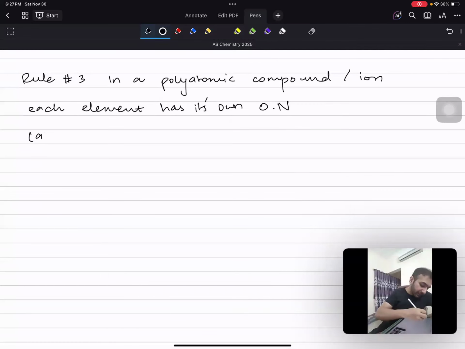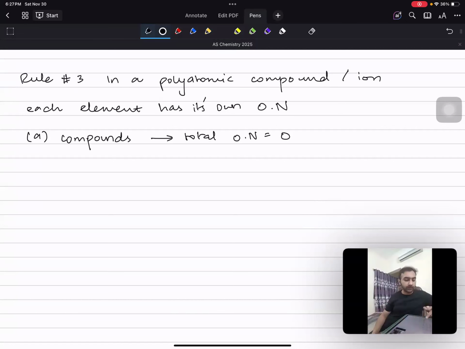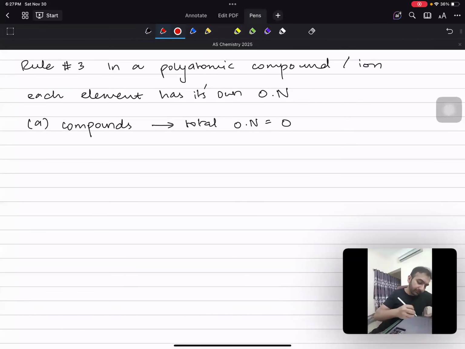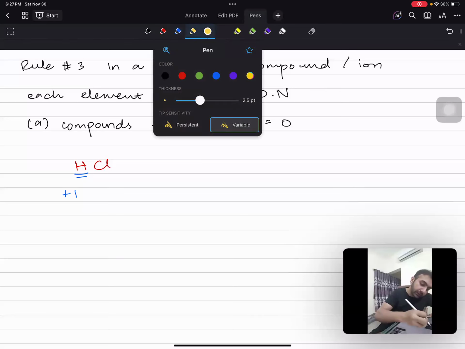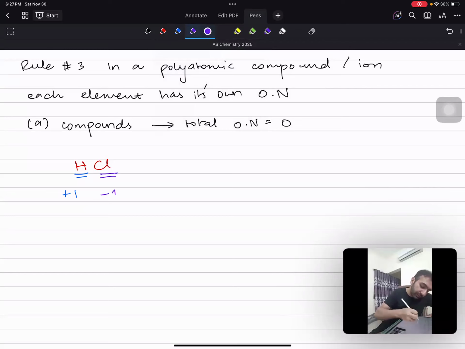For example, let's talk about compounds where the total oxidation number is equal to 0. For example, a very simple example, HCl, hydrogen is supposed to be +1 and chlorine is supposed to be -1.